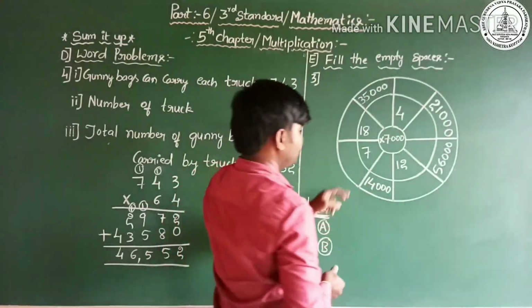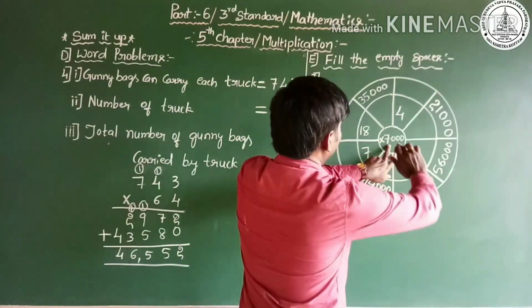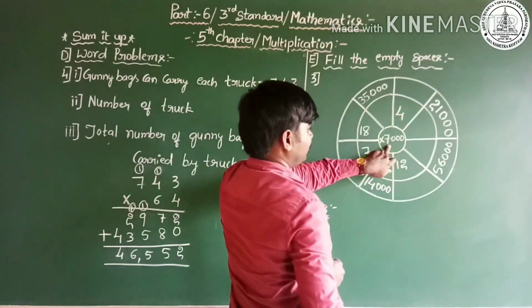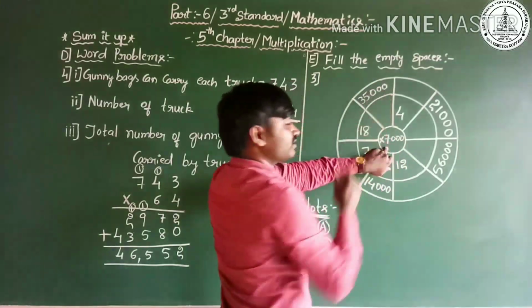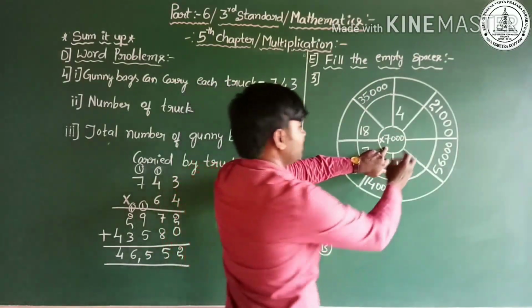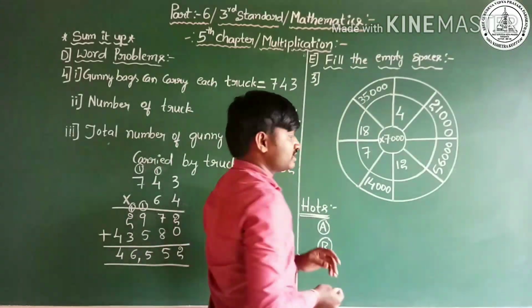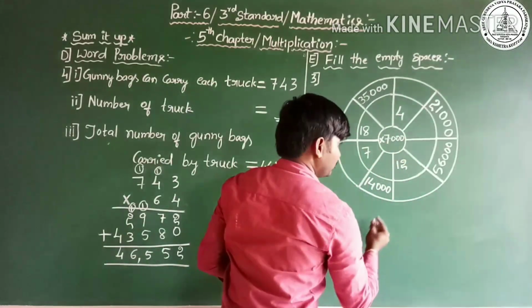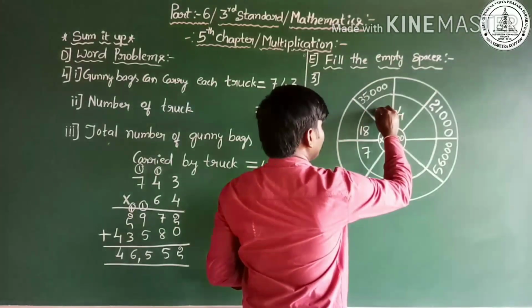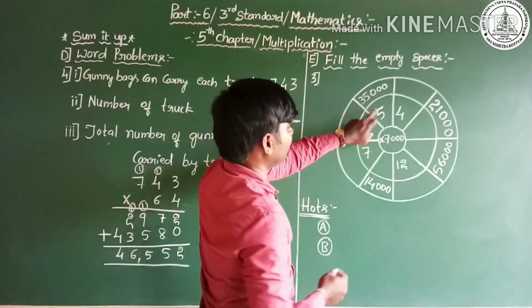For example, 35,000 is given. 7 times how much is 35,000? You neglect the zeros, just 7 times how much is 35? 7 5s are 35.